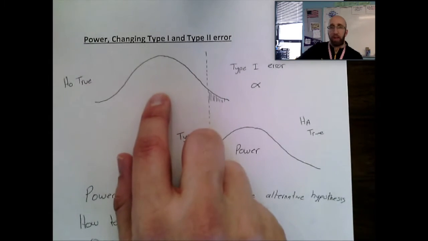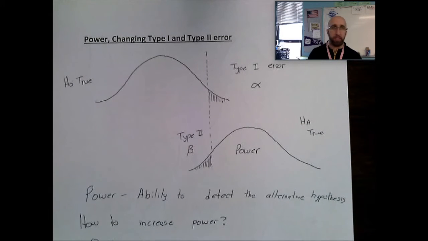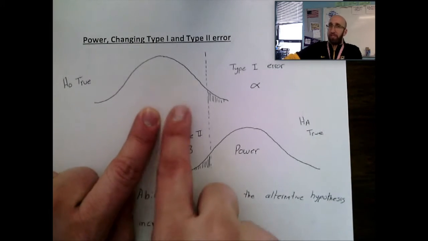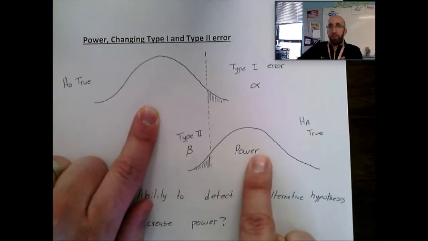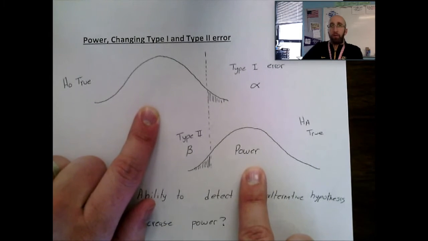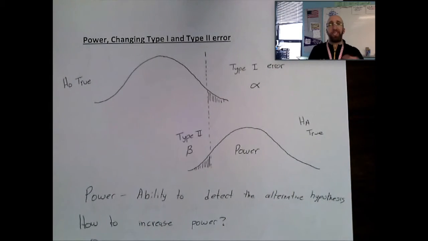If there's a claim that the average ACT score is a 22, and you think it's higher, say the average ACT at this school is a 22.1, you're not really arguing a huge difference. Power would be like, instead of saying 22, I might be arguing it's a 25, which is way over here. So it's the ability to detect that alternative hypothesis.